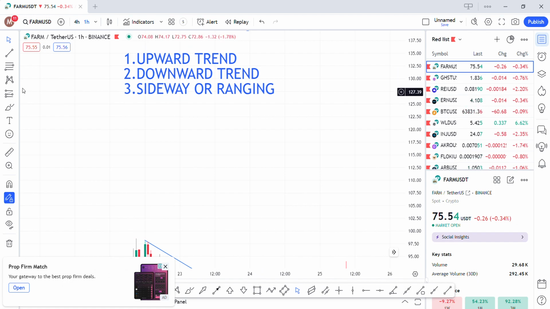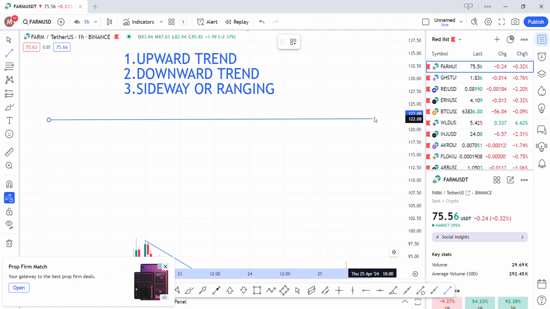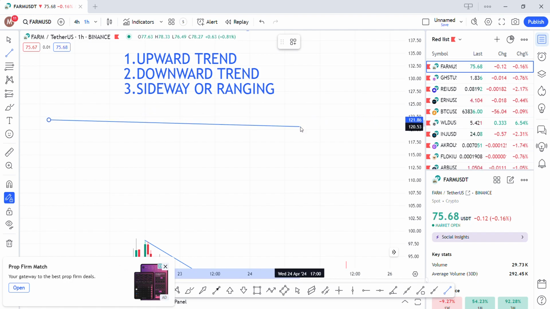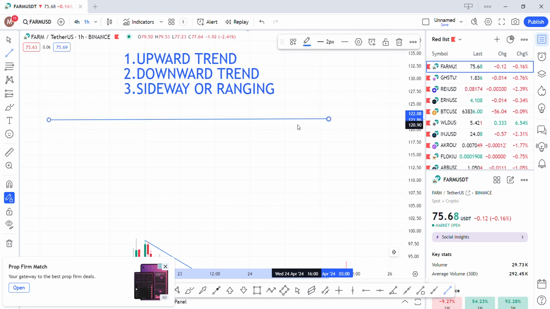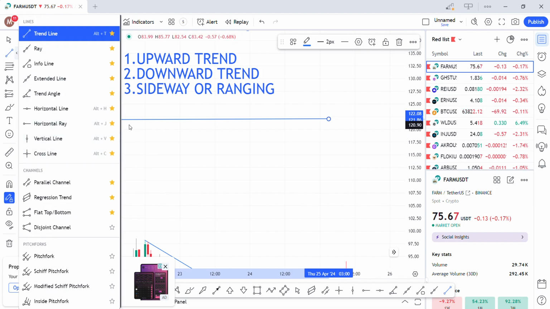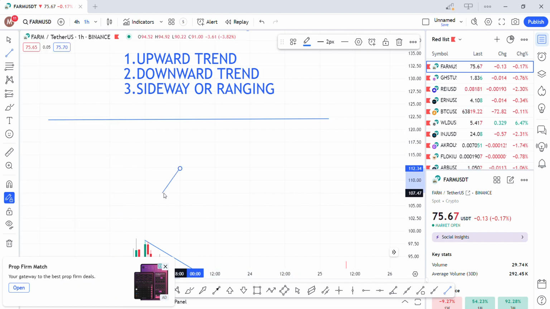For example, if I take my trend line, I draw a horizontal line. The first one, let me stop here. Then I also draw another one downward here. Sorry, let me delete this.